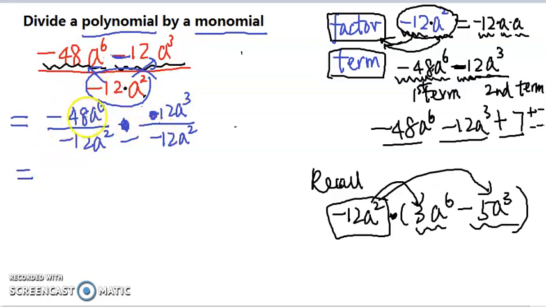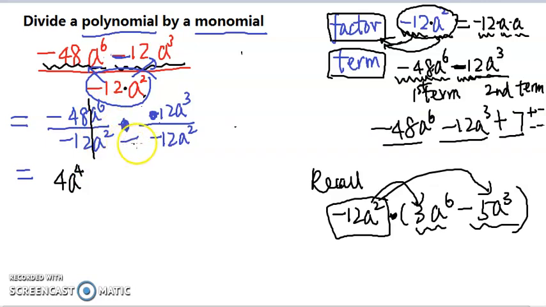Now we have negative 48a to the 6th divided by negative 12a squared. We talked about dividing monomials before. We divide each one, divide the numbers by the numbers and the base a's by base a's. So we do negative 48 divided by negative 12, that's a positive 4. a to the 6th divided by a squared, that's a to the 4th by using the formula of subtracting exponents.